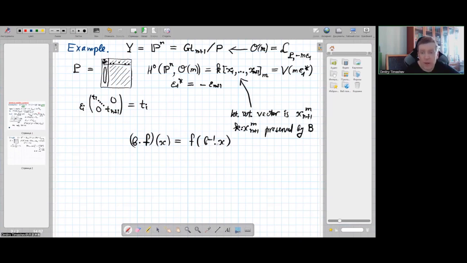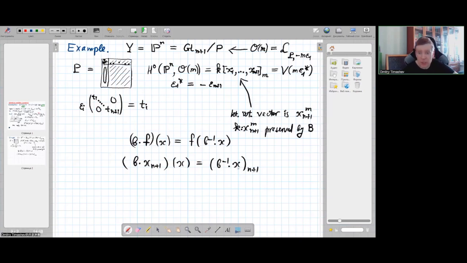And now, if you take for f the n plus first coordinate function. So this notation is a bit confusing, but I hope that you understand what it means. Then you just take the n plus first coordinate of this guy.